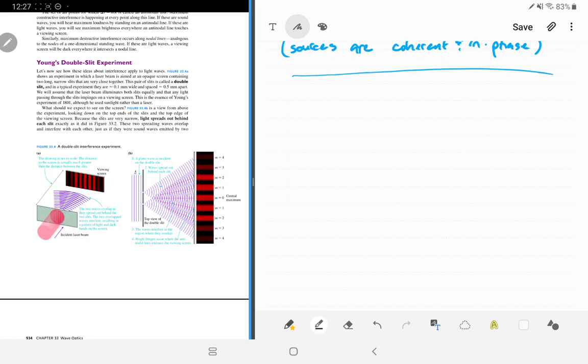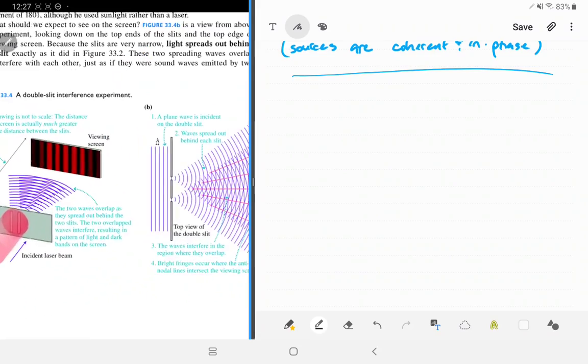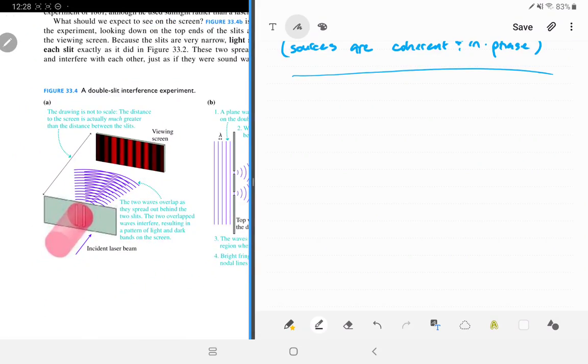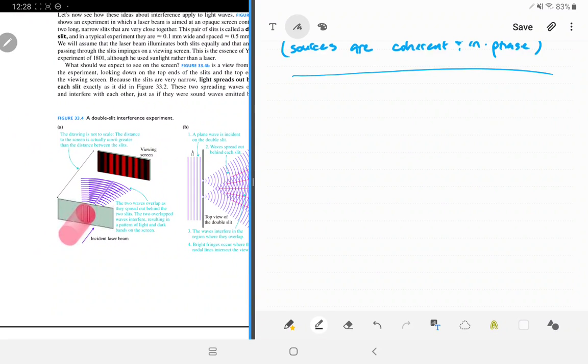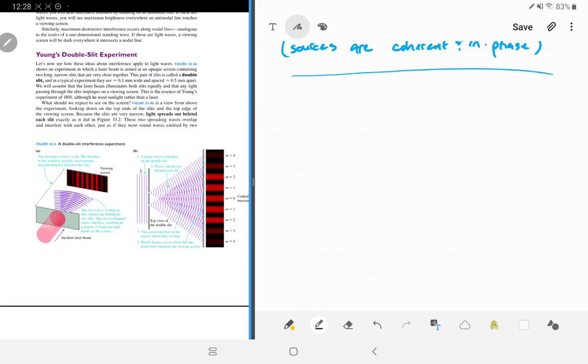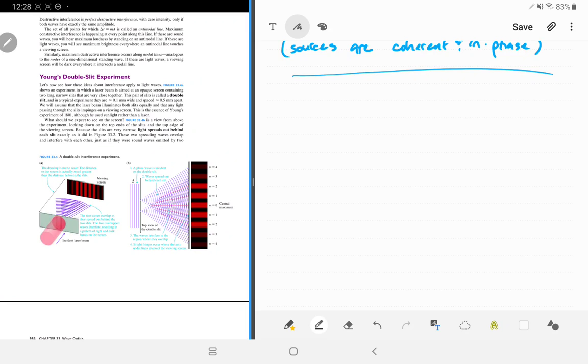They're shining laser light through two slits, and then they see a pattern. This demo also changes something: they're changing the slit width and the distance from the slits to the screen, etc. I just want you to quickly glance at that video and see what we're talking about, so that it's not just random pictures here.